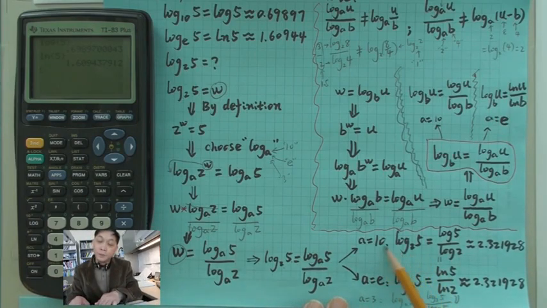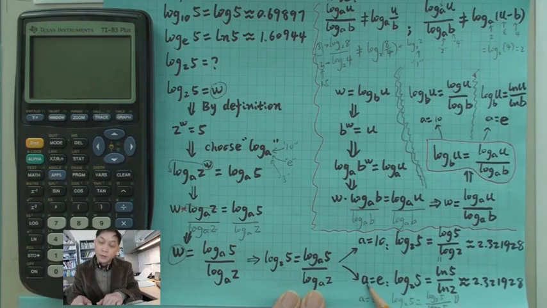If a is 10, then you don't need to write 10, because by default, if it's 10, you don't need to write it. And then if the base is e, if a equals e, then you know this log base e can be written as natural log.